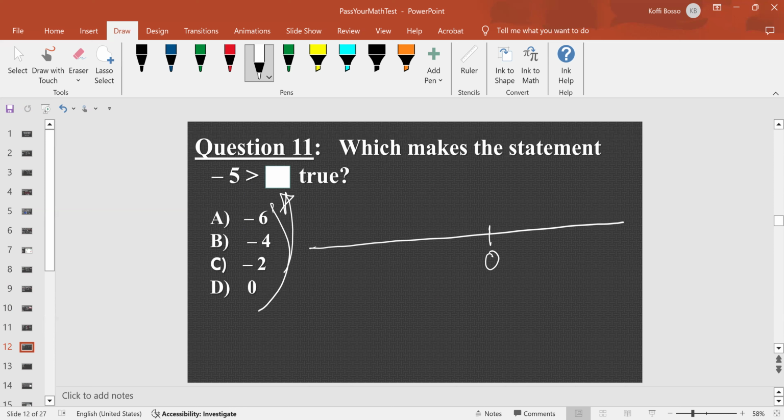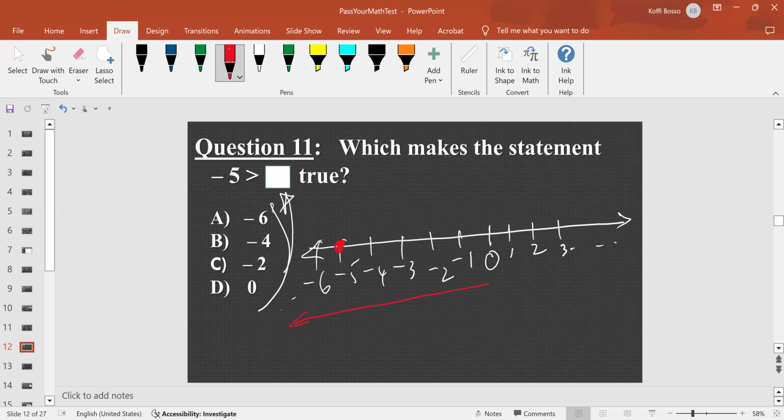If you are moving to the right side, you have 1, 2, 3, and so on. On the left side, you're going to have -1, -2, -3, -4, -5, -6, and so on. So -5 is here. Understand that when you are moving from 0 to the left side, your number becomes smaller. So this is decreasing.